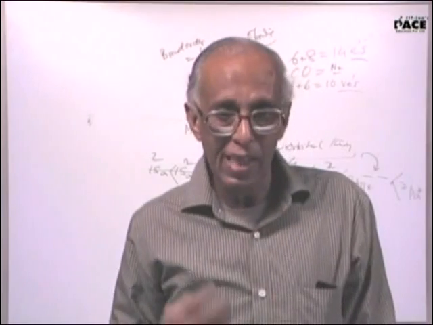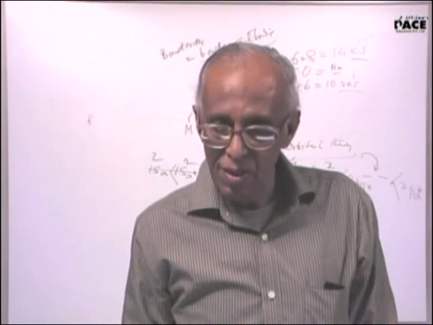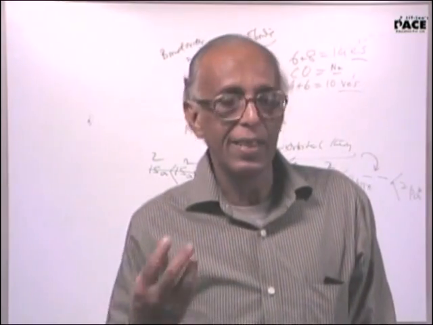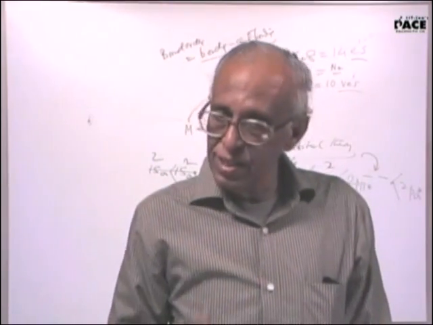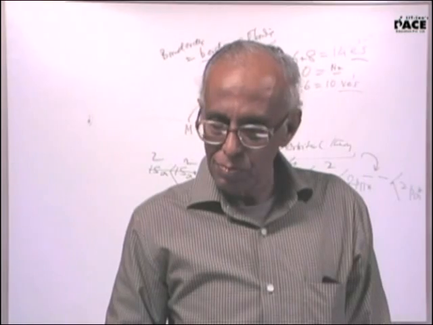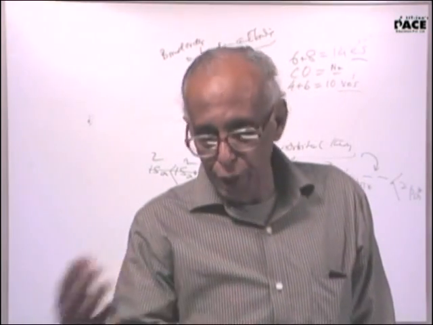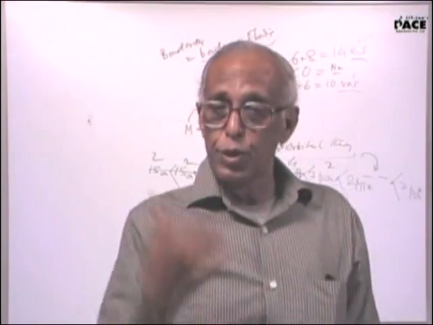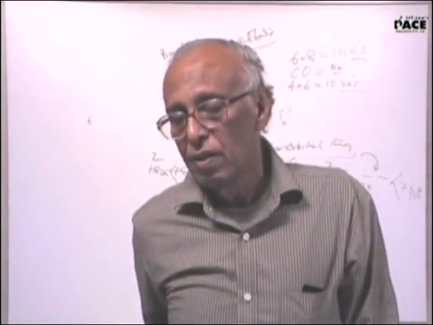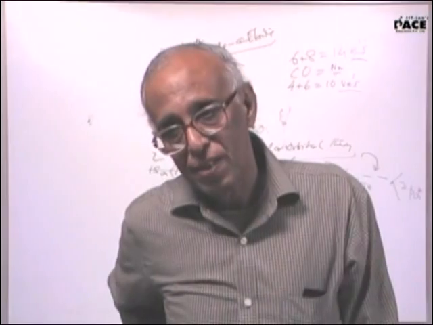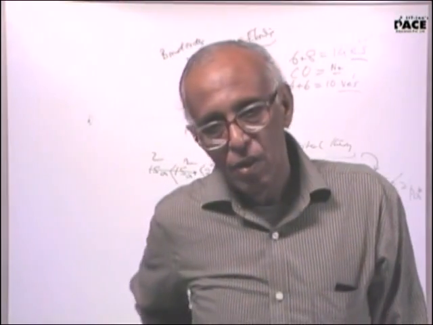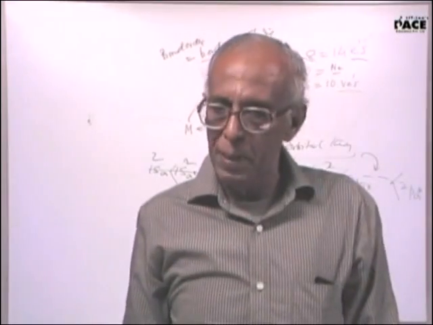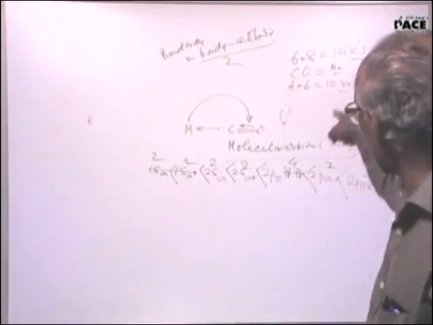When the metal is electron rich, when it is in a low oxidation state. So zero, negative, they are in a favorable situation to give electron back to carbon monoxide. So the more the electron comes from the metal, the lower will be the CO bond order.